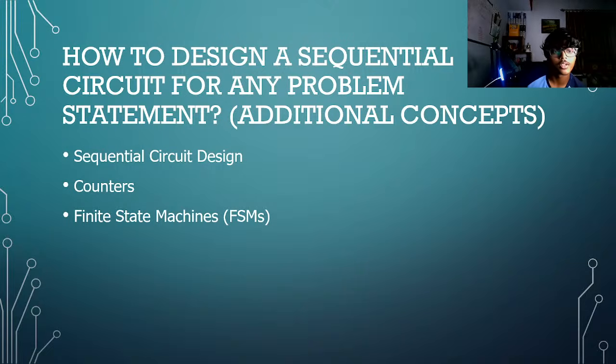How to design a sequential circuit: what this slide is saying is, as I explained before, there is a set algorithm that you can follow for any problem statement to design any sequential circuit you want. These are additional concepts under digital systems that I'm not covering right now. These are counters. A counter is a type of sequential circuit which counts up.